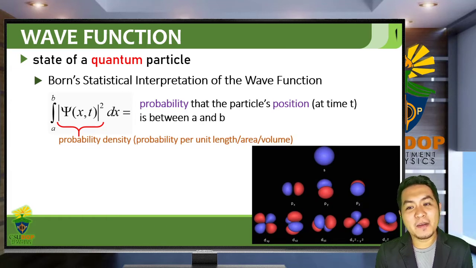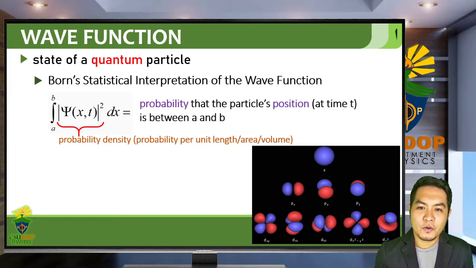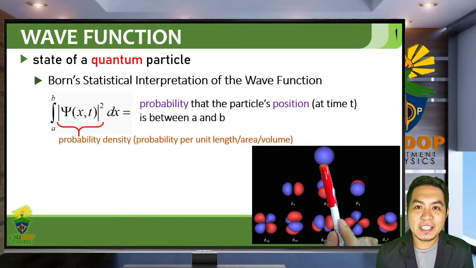In chemistry, atomic orbitals are just the 3-dimensional plot of the wave functions. So we have here the s orbital, spherical, the p orbitals, px, py, pz, and the d orbitals. This is just a probability density plot.